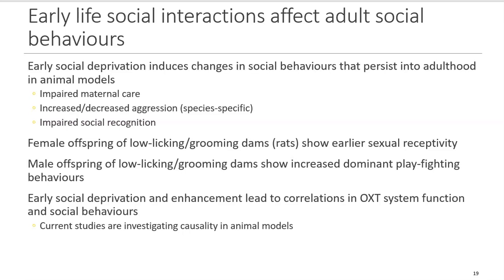And this is species specific, depending on what the normal level of aggression is for a species, as well as impaired social recognition. If this all occurs in the young animal, we'll see impaired social behaviors in the adult animal, as they grow up.